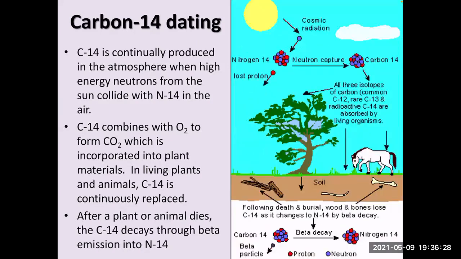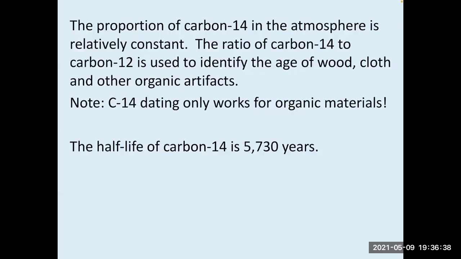And the amount of carbon-14 that's left after a certain period of time can then allow us to tell how old something is. The proportion of carbon-14 in the atmosphere is relatively constant. And the ratio of carbon-14 to carbon-12 is used to identify the age of things, anything that's organic. It only works on organic materials. The half-life of carbon-14, and this is something I would definitely highlight in my notes, is 5,730 years.